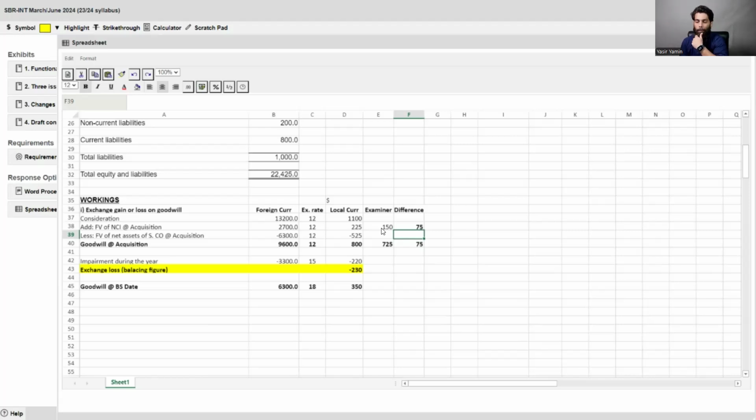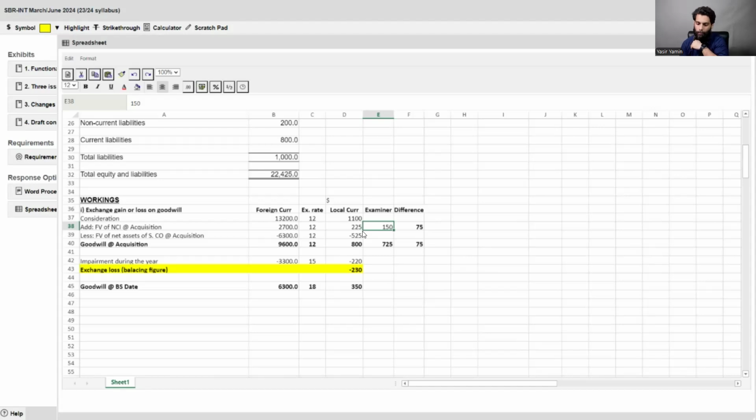The difference in goodwill of $75,000 is only due to the lower valuation of NCI which the examiner did. The examiner valued NCI at 150, whereas it should have been 225. This is the first issue that we have answered. Is everybody on the same page?